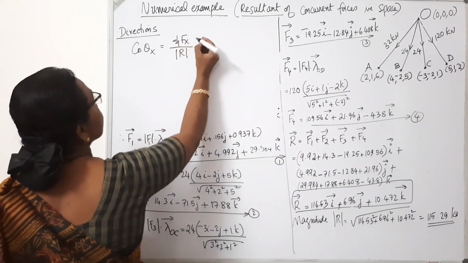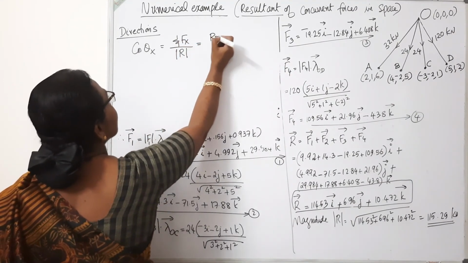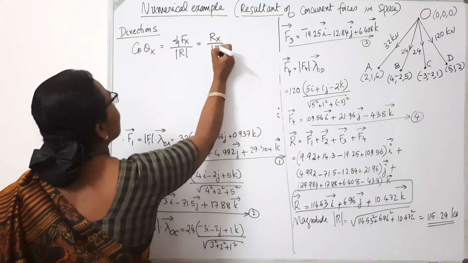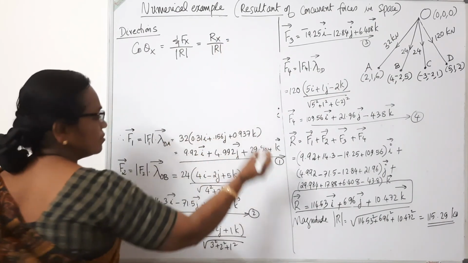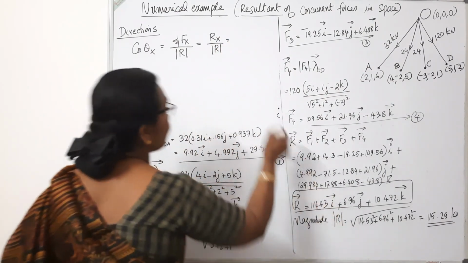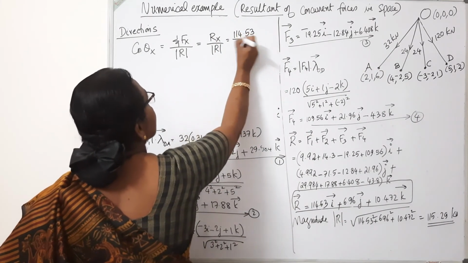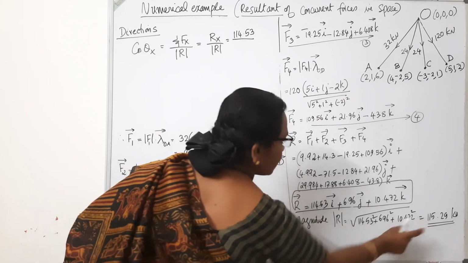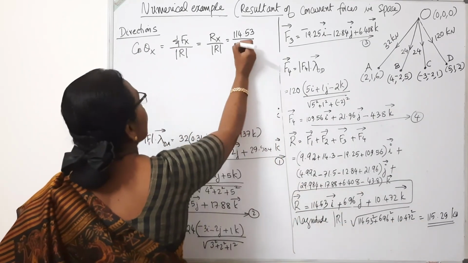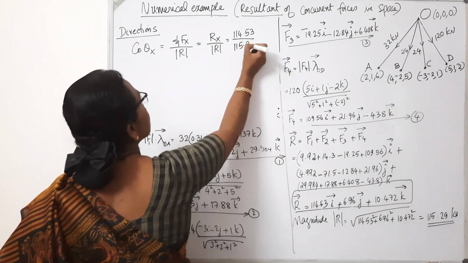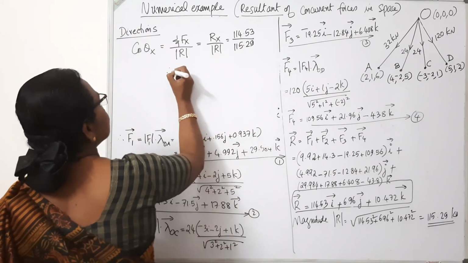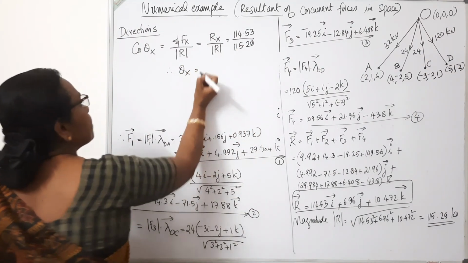Either we can write sigma Fx by R, or we can write Rx by modulus of R. Rx is the first term, 114.53, divided by the numerical value of the resultant, 115.29. From that you get theta x.